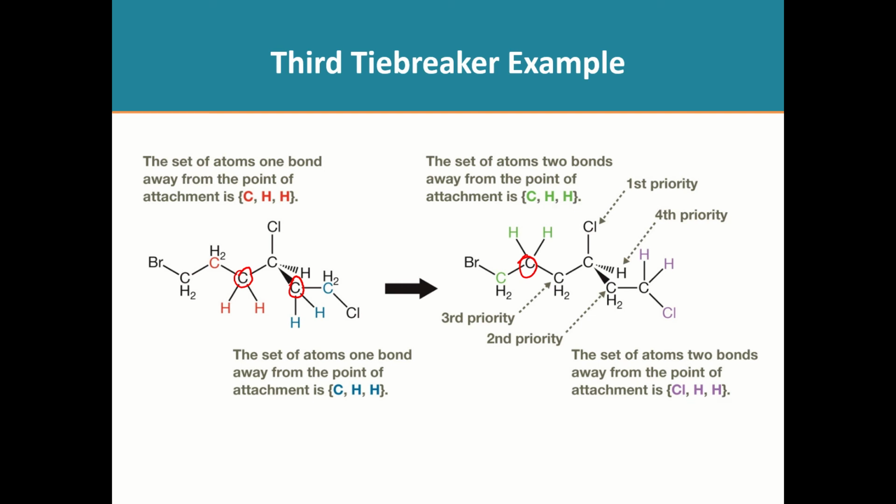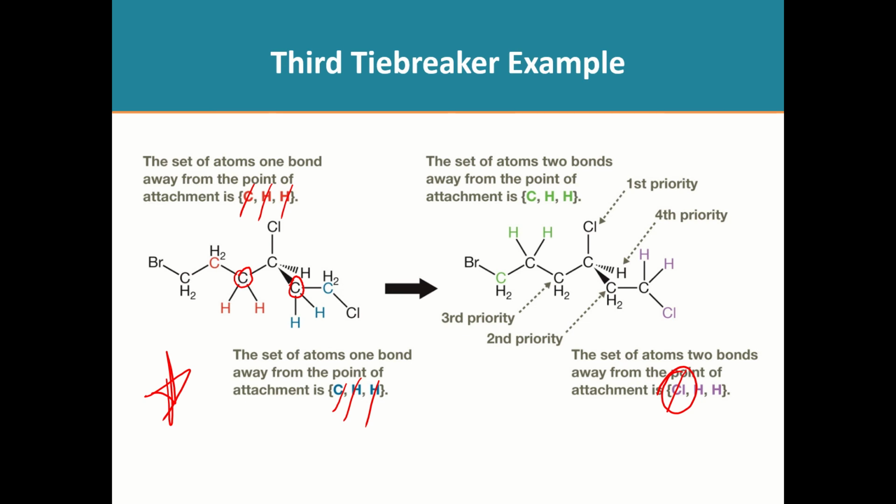Then we go through the same analysis as on the left side. Carbon, carbon, hydrogen, hydrogen, hydrogen, hydrogen. Tie. Carbon, chlorine. Oh, those are different. Which one's larger? The chlorine. So that means this carbon right here is going to take priority number 2. And now they are ranked or prioritized properly.